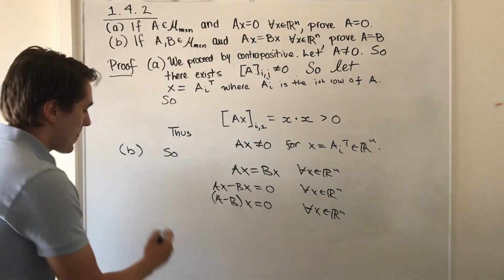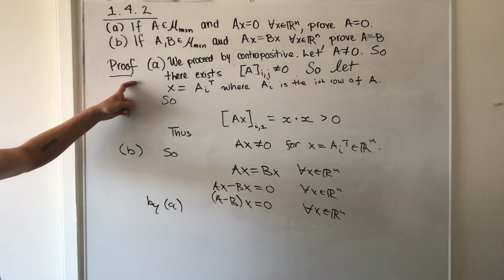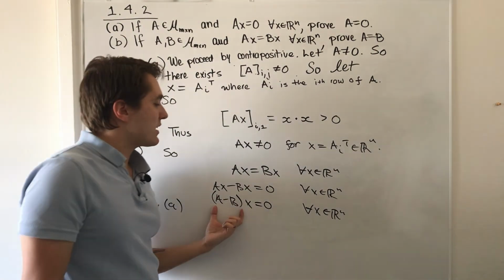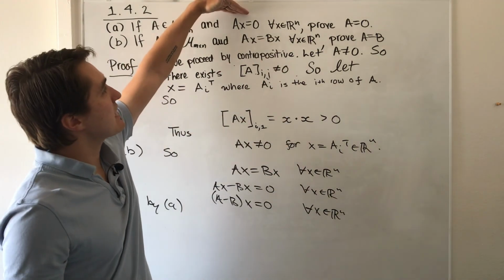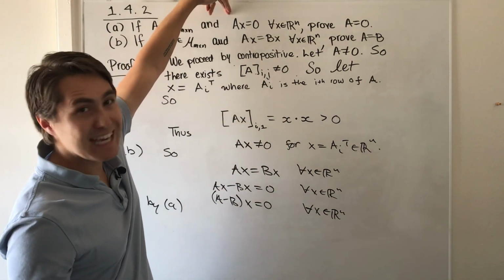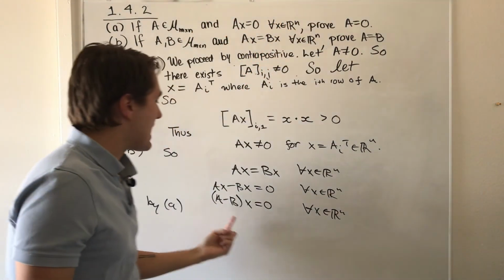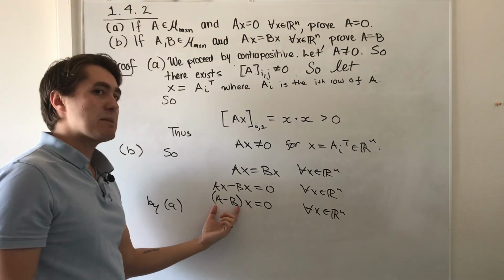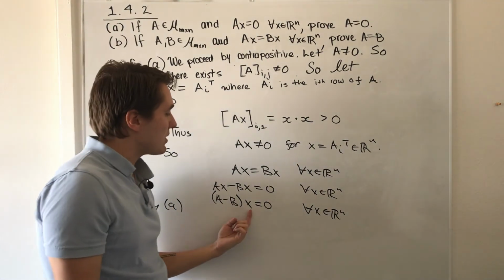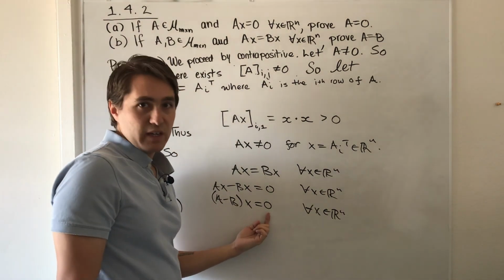But look, by the first part of this, what are we saying? We're saying that this thing times x equals 0 for all x in Rn, and in our first statement, we know that when that's the case, that must mean that matrix was 0. So A minus B is a matrix, remember, they subtract component-wise, such that when I multiply by any vector in Rn, I get a 0 vector out of it.